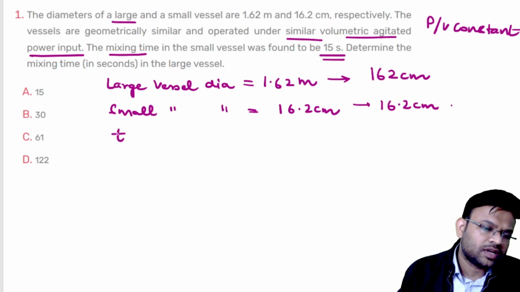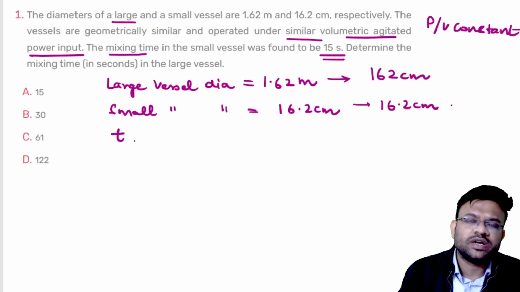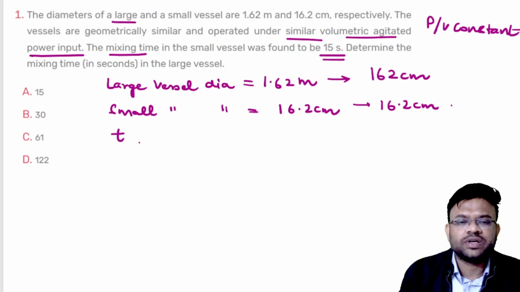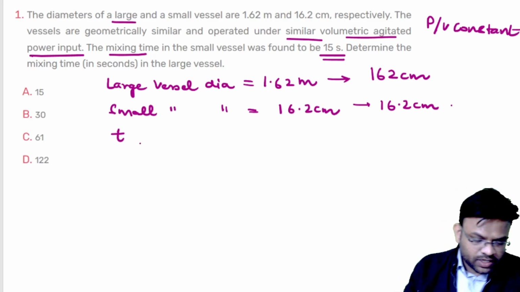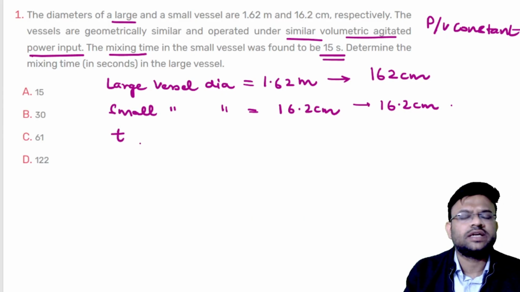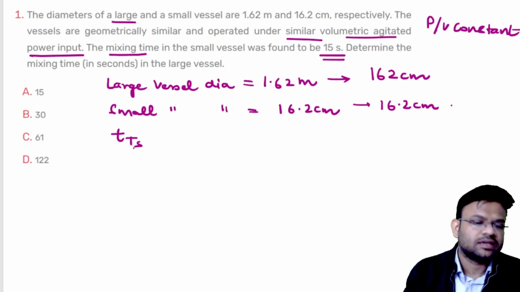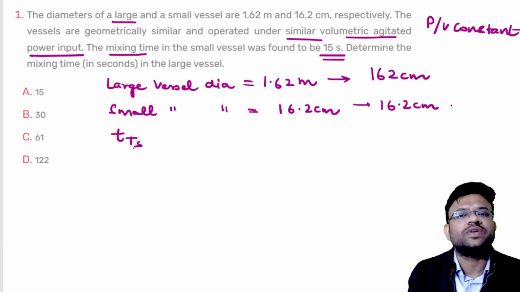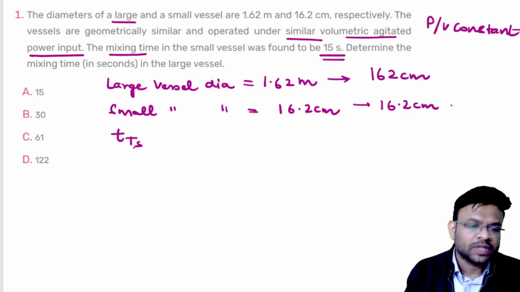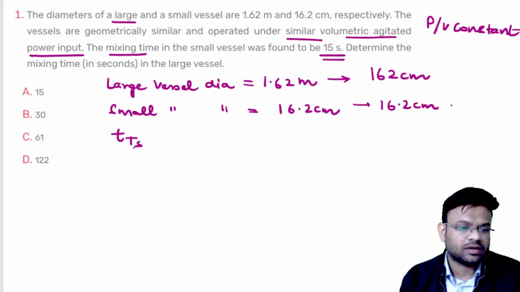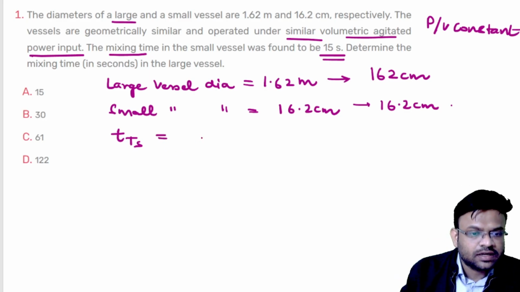Small t I am using to denote the mixing time, so t_S, the mixing time of the smaller vessel, I have written as 15 seconds.